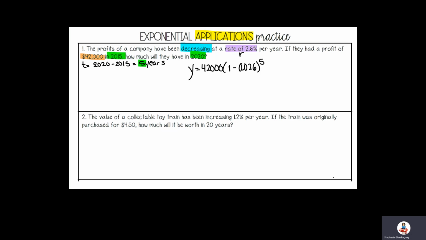Now 1 minus 0.026 is going to be 0.974. And I'm then going to raise that to the 5th power.